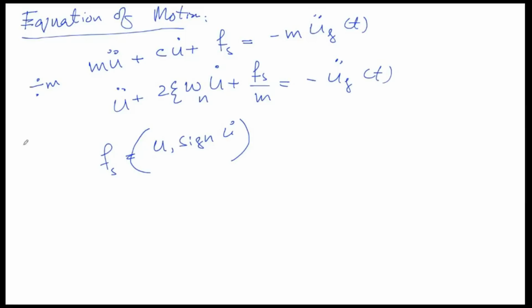For a given acceleration, let's say the input acceleration is given, the displacement depends on three system parameters. So ut depends on omega n, it depends on the damping, and it depends on the uy.